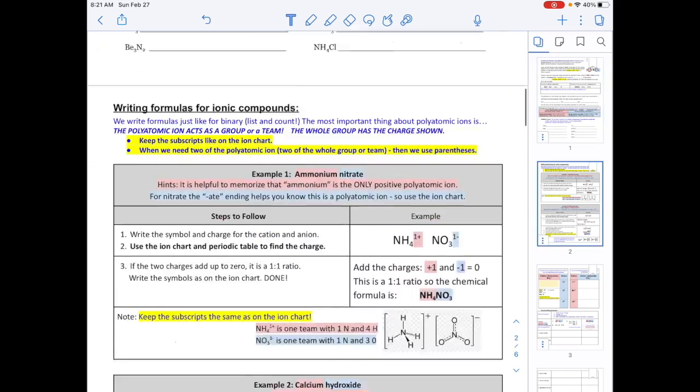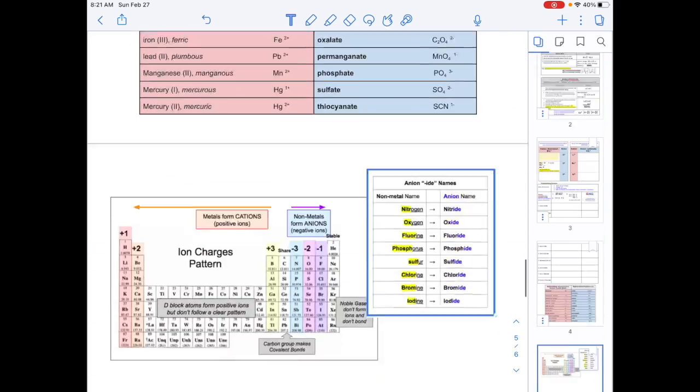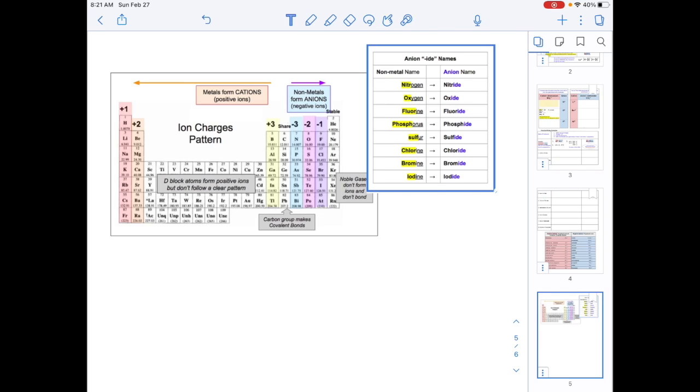I'm going to bring you to the end of this worksheet where I added something to mine from assignment 3.4. So binary compounds have an element from the left side of the table, which is the positive metal side, bonded to an element from the right side, which is the non-metal negative side.